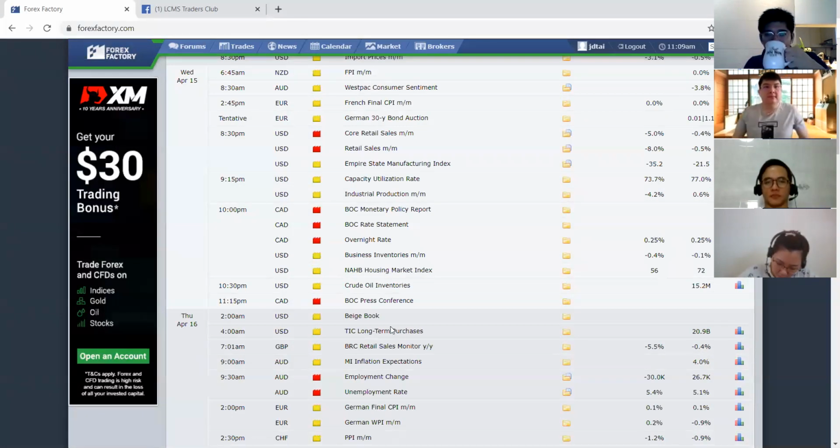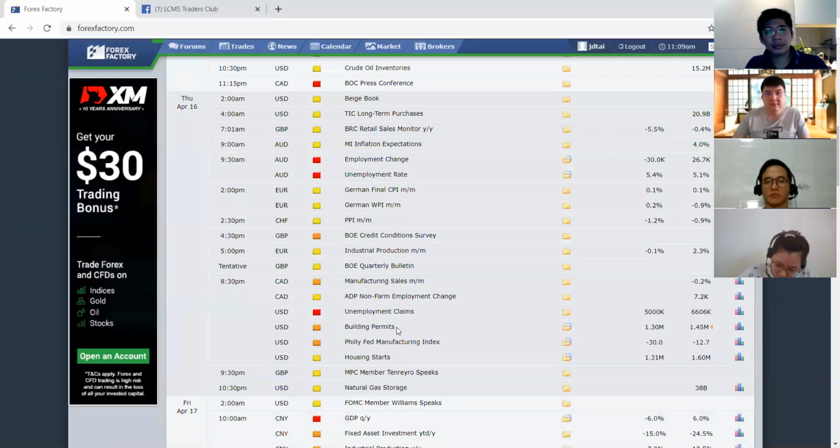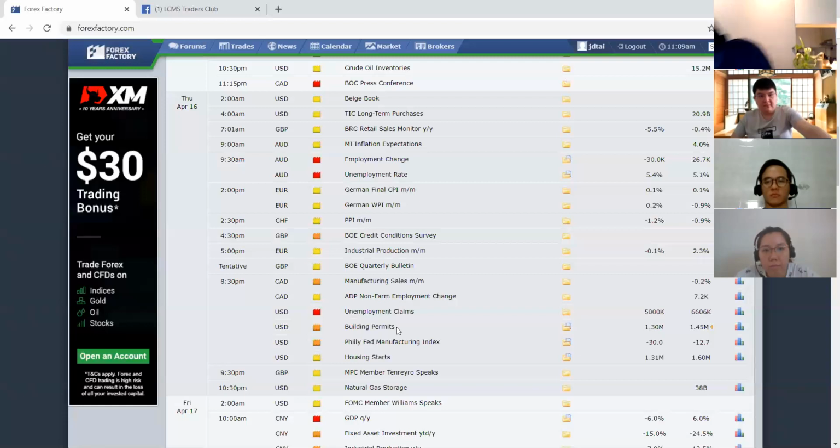is to be expected. On Thursday, we see Aussie employment change numbers. On what they're projecting, we're likely to see employment change drop significantly from 26K to minus 30K, from an unemployment of 5.1% to 5.4%. So I think that could be the trigger that pushes Aussie lower, right?